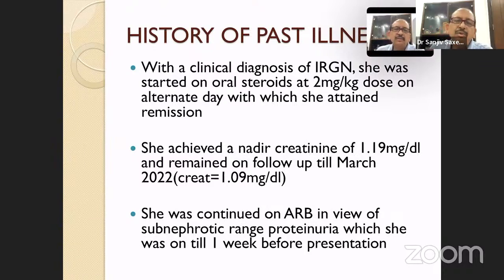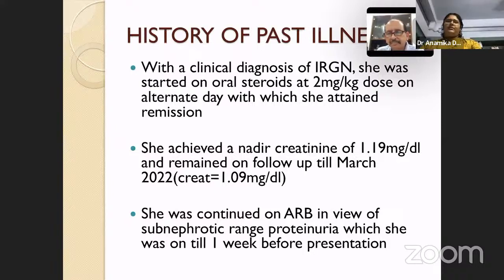Right. So why do you think that she was IRGN then and was not, say, lupus nephritis? Sir, at that point of time as well, though she had low ANA positive, she did not have any other symptoms of connective tissue disease.